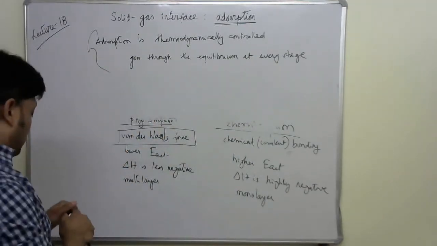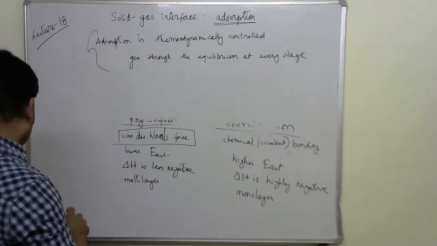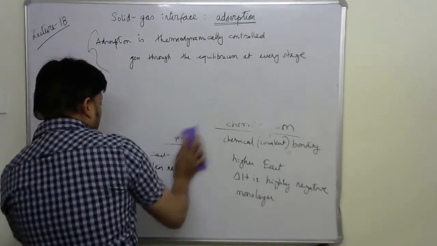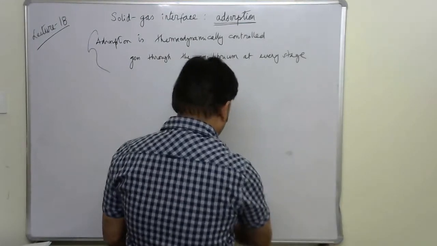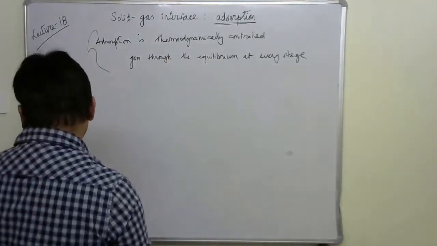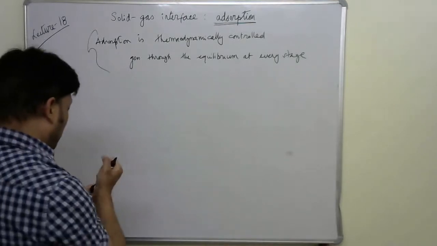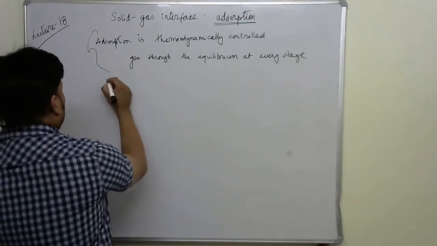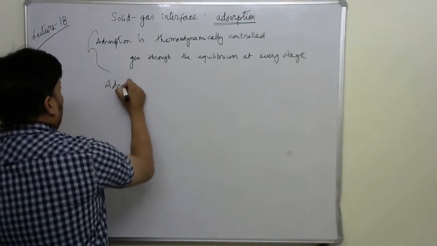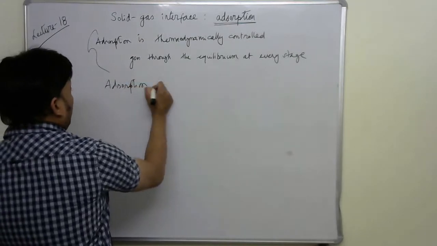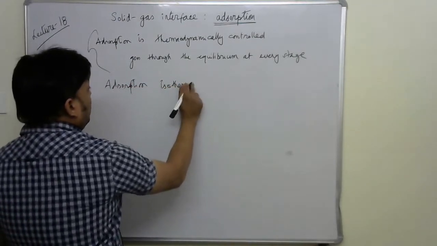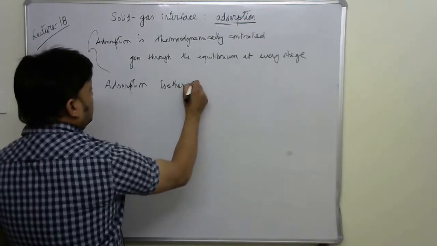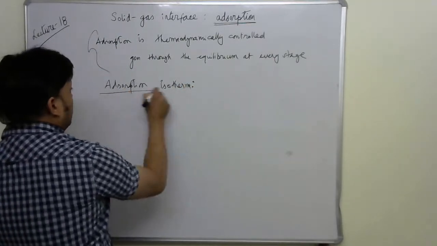Alright, so now proceeding further, there is one more term that we have to talk about. So probably you have come across the term called adsorption isotherm. Okay, so this is nothing but a way of representing the data of the adsorption.